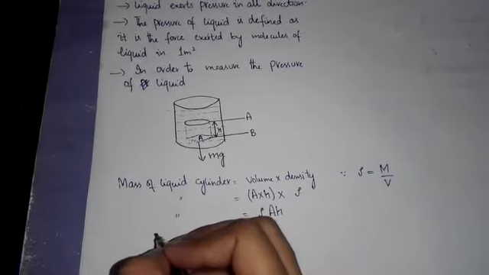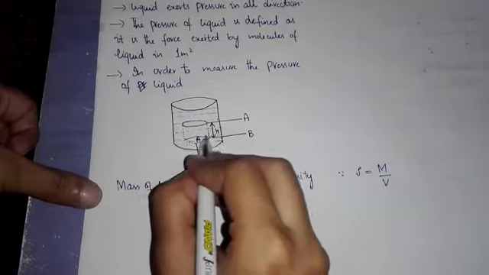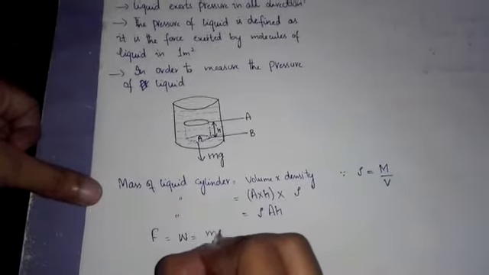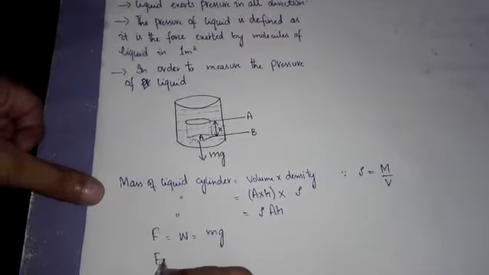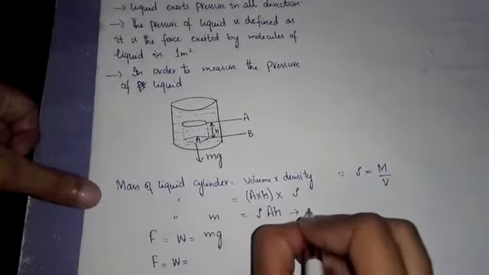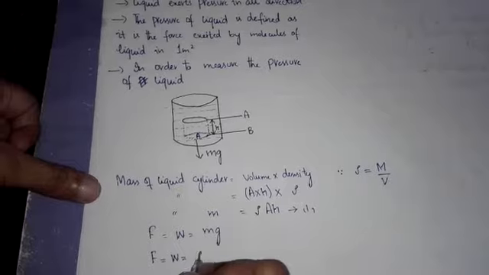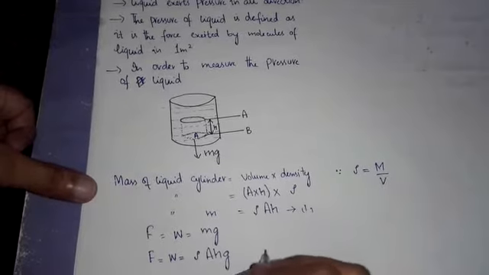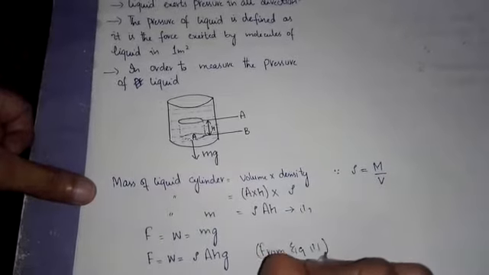Now the force acting on the area A of the disc is F equal to W, and W is equal to mg. Put the value of m from equation number 1, that is rho A h, and g is here, so F is equal to rho A h g. This is equation 2.